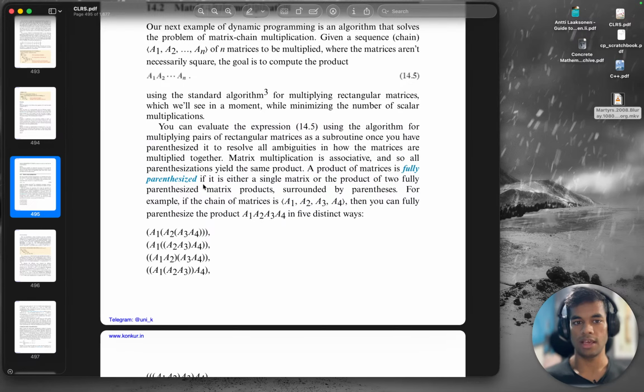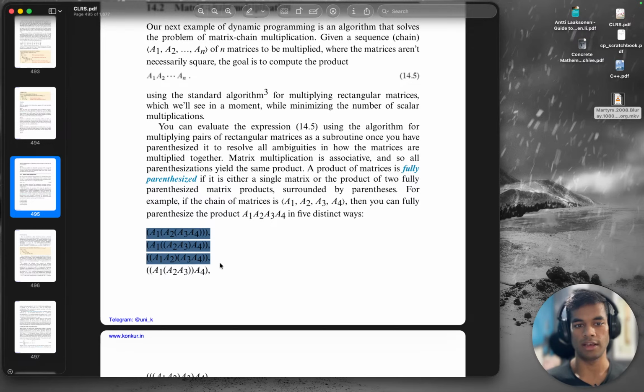The product of matrices is fully parenthesized if it is either a single matrix or the product of two fully parenthesized matrix products, which means every matrix there are like brackets like this, and if you arrange matrices like this, then it is called fully parenthesized, because to solve everything else you first have a single one level solution that you have to do, in this case which is A2 into A1, and here it is A1 into A2 and then A3 into A4, and then whatever the product is, multiply them together. So that is cool.